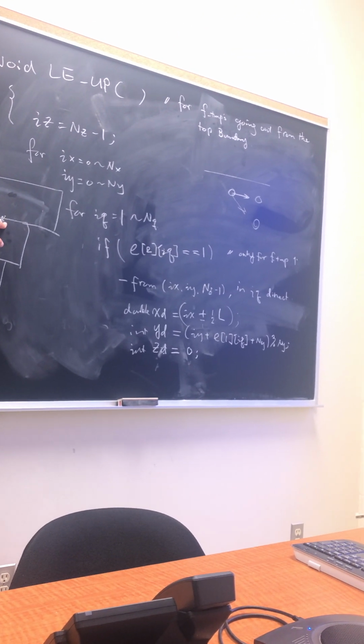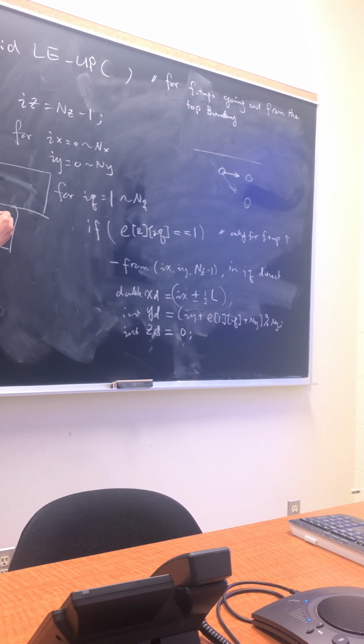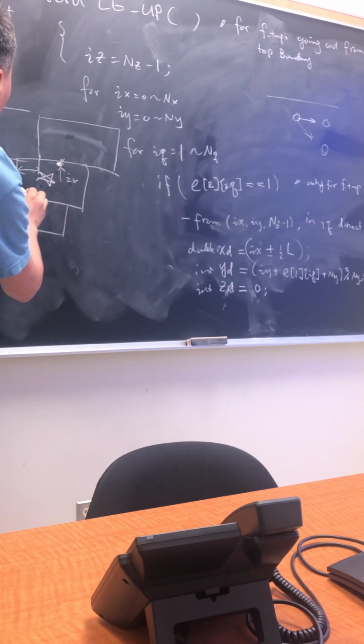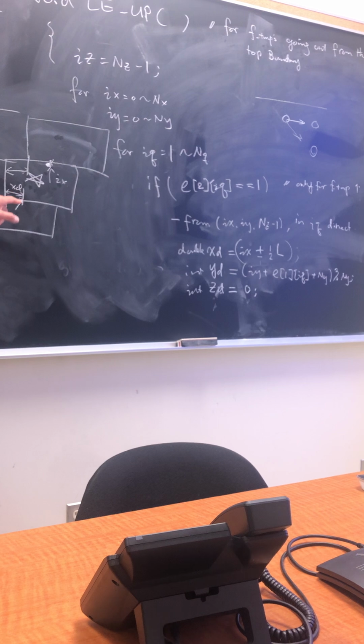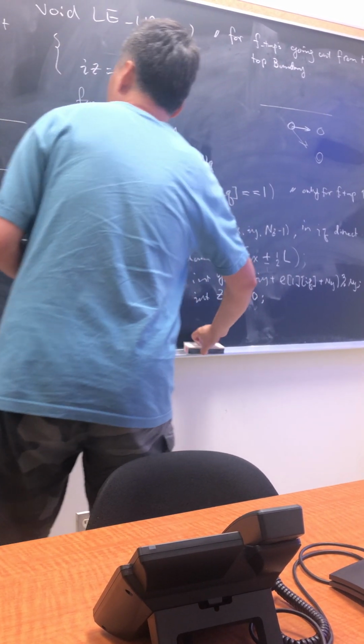And this is the ix, the integer, and here it is the xd, which could very likely be a real number, right?